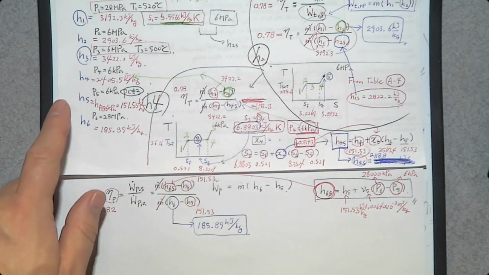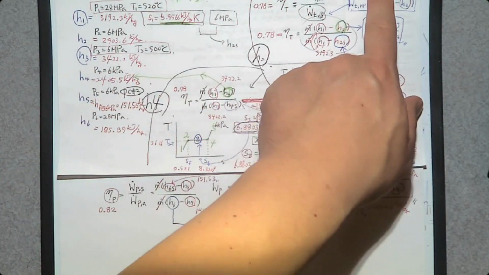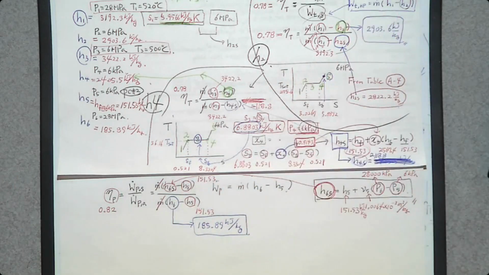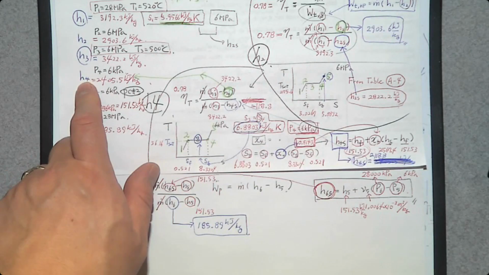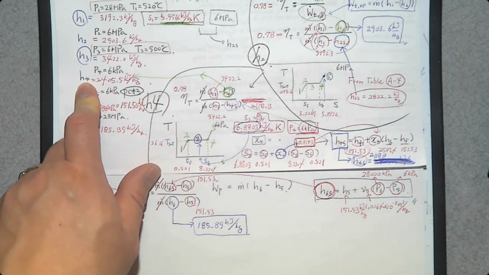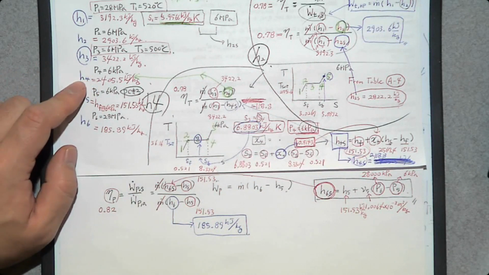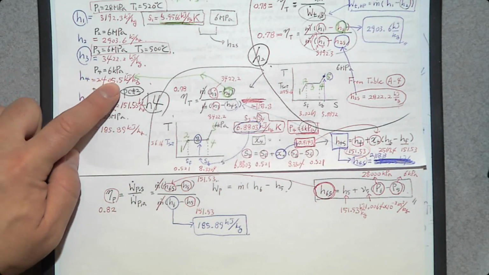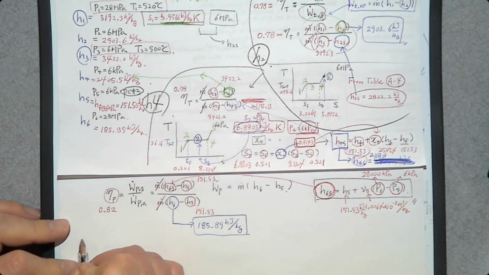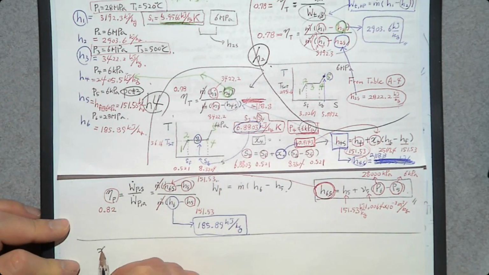So we want to determine the quality at state 4. How can we determine that? By using the specific enthalpy at number 4. So the specific enthalpy at number 4 is 2405.5. So let's find X4.